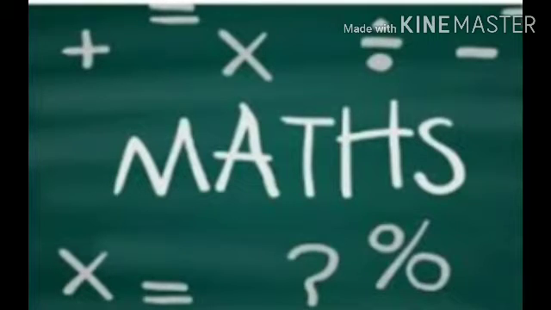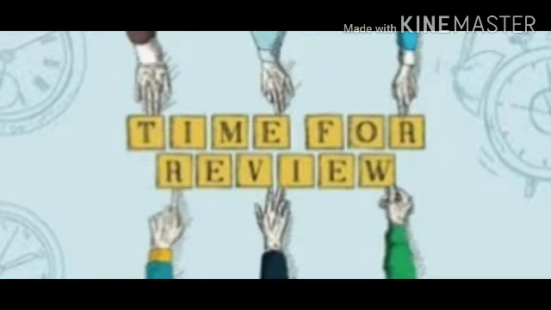In that class we are going to revise all the important sums chapter-wise. I am going to consider this class as revision class 1. In this revision class we are going to revise exercise 1.1 and exercise 1.2.